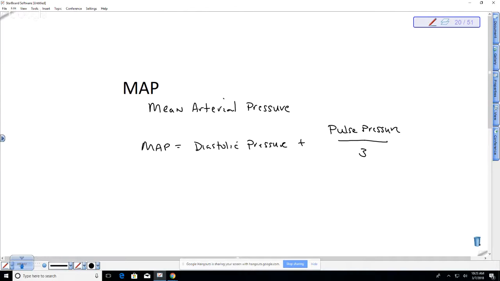So what was our diastolic pressure in the previous example? 80. And the pulse pressure was 40. And then you divide 40 by 3, and then this equals 99. Is that right? 99. Why 3? I'm not sure why 3. I actually didn't try to figure out how they derived this, but this is the calculation. Okay, so that's your mean arterial pressure.